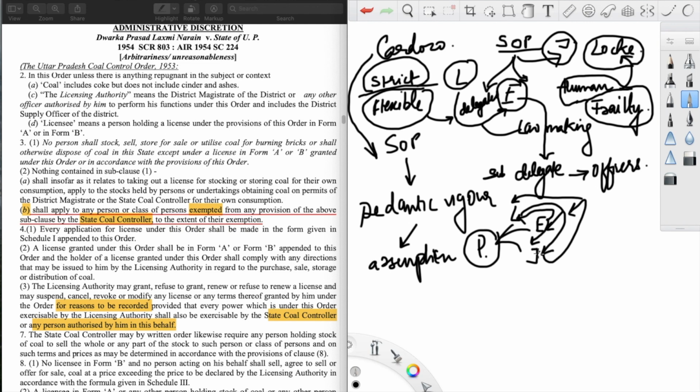Therefore, the concept which came up was when the legislature provides one of its powers to legislate to the executive, we called it delegated legislation.